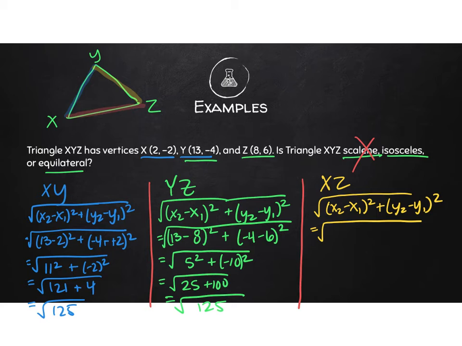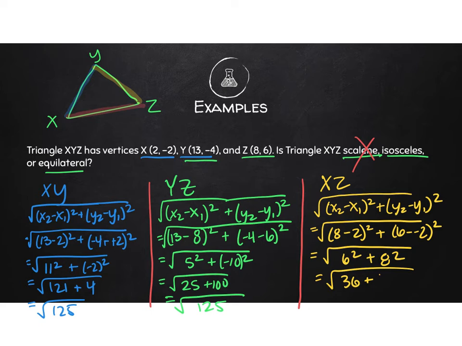I'm going to call x2 8 minus 2 squared plus y2, which is 6, minus negative 2 squared. We have 8 minus 2 is 6 squared plus 6 minus negative 2 is 8 squared. 6 squared is 36 plus 8 squared is 64, which is the square root of 100, which ends up being 10. I can now tell I have two sides that are congruent, which means I have an isosceles.